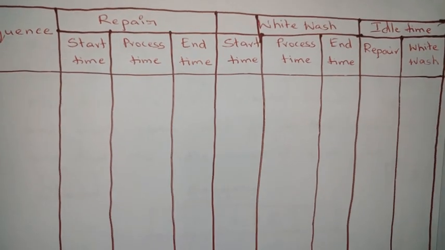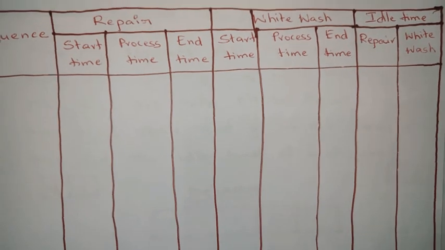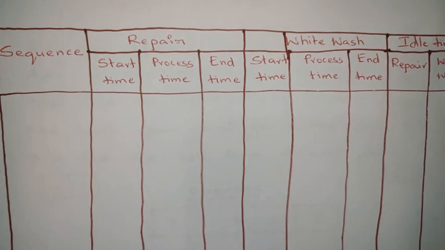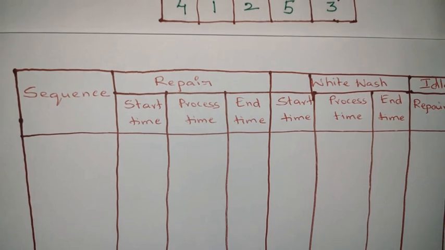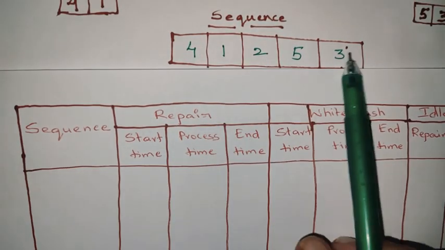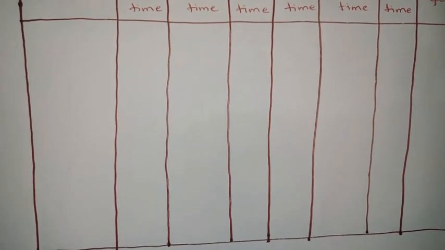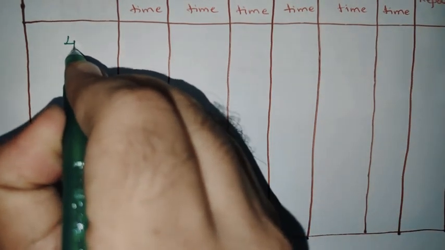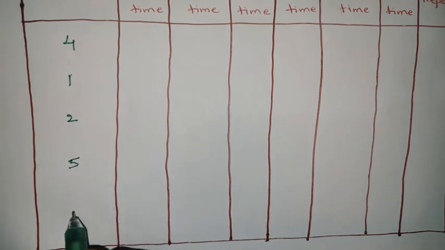And next, idle time for repair and whitewash machines. So now let us first of all write the sequence. What is the sequence? Already we know that it is 4, 1, 2, 5, 3. So now let us write the sequence: 4, 1, 2, 5 and 3.